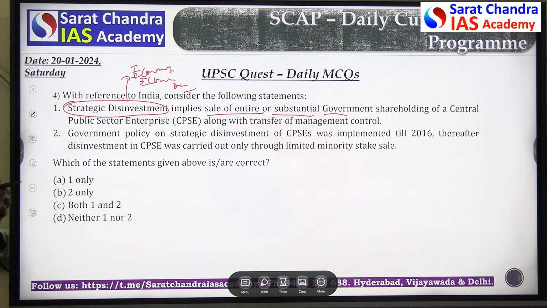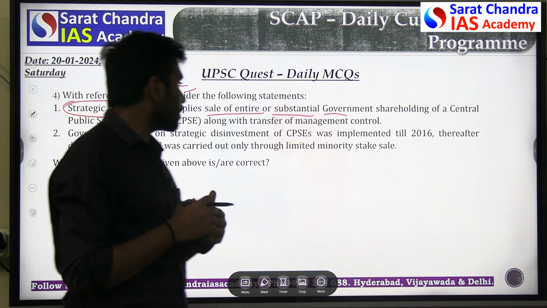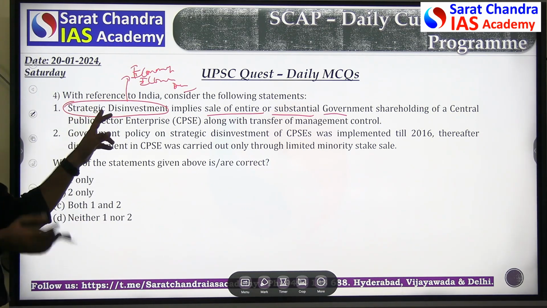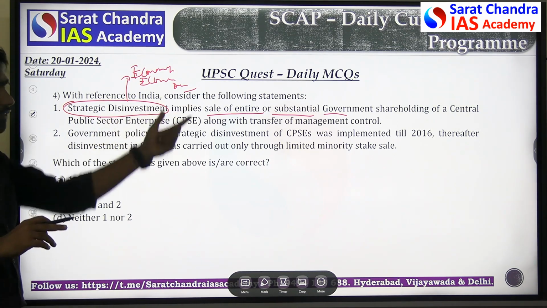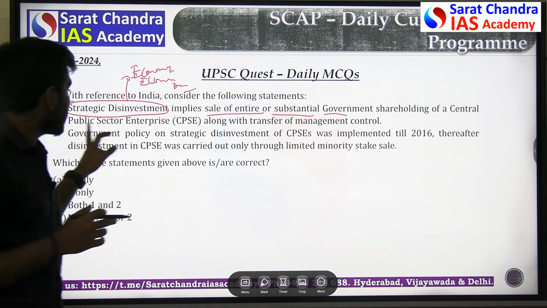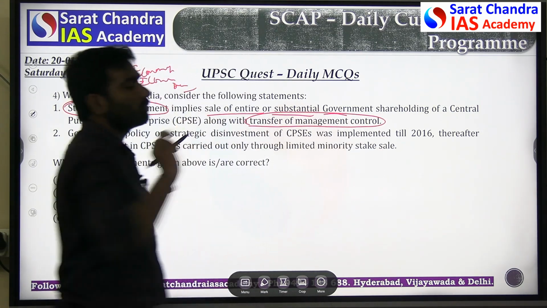Minority means the government retains 51% share and the management control itself. Majority means they sell more than 51%. But strategic disinvestment is a little different from minority and majority disinvestment. Here the major point is the sale of entire or substantial government shareholding of the CPSE along with the transfer of management control.